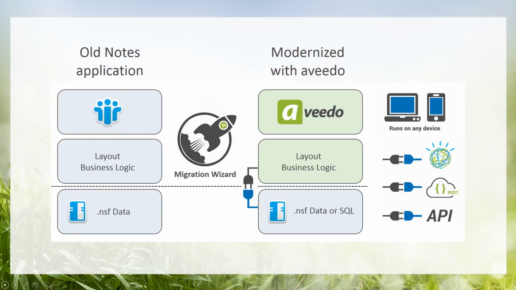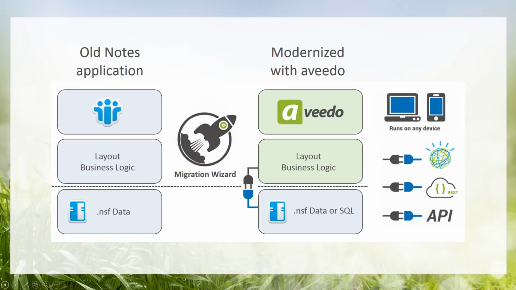And also, by separating the data layer from the layout and business logic layer, we give you the flexibility to plug in all sorts of external services into your existing data. So you can also use Aveedo as a kind of middleware, so that you can connect it with our flexible REST service.